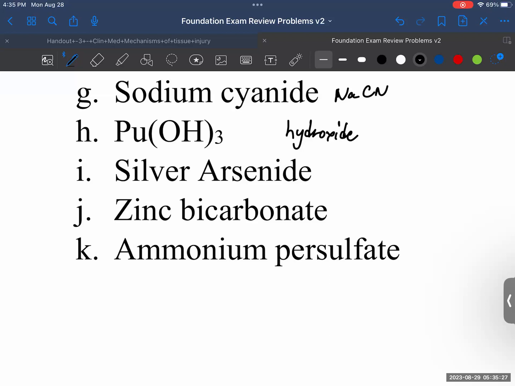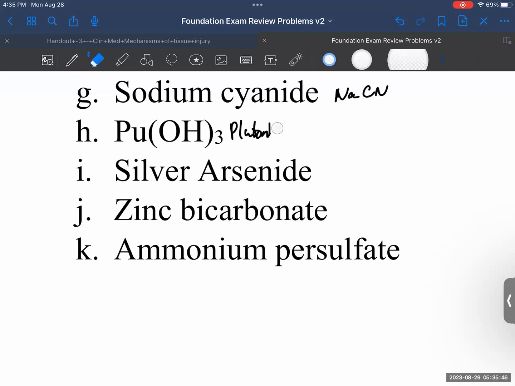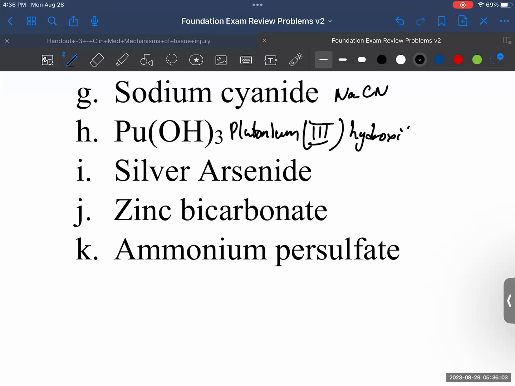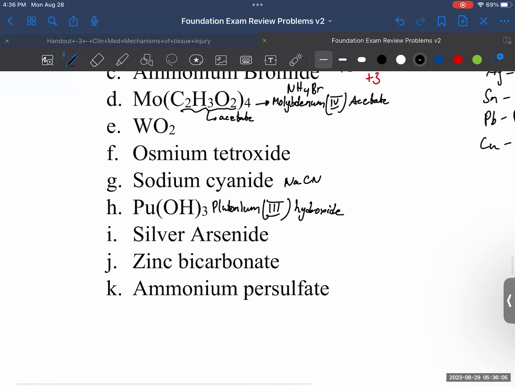What symbol is that? You notice it's not a transition metal, but let's act like it is. So plutonium. And then what do we put in our name, since we're thinking it's a transition metal with multiple charges? We need a certain set of numbers. Roman numeral. So plutonium(III) hydroxide.